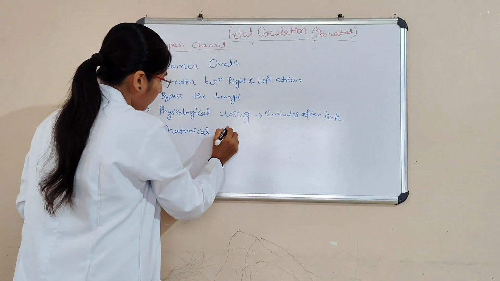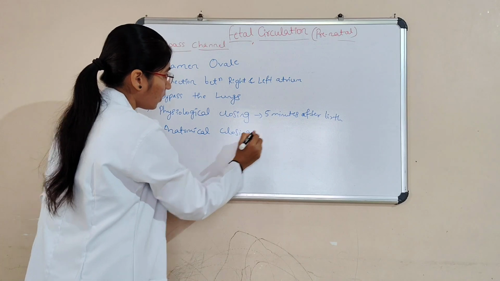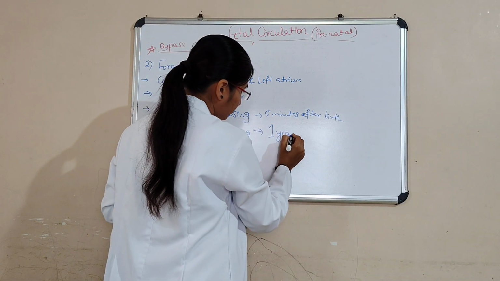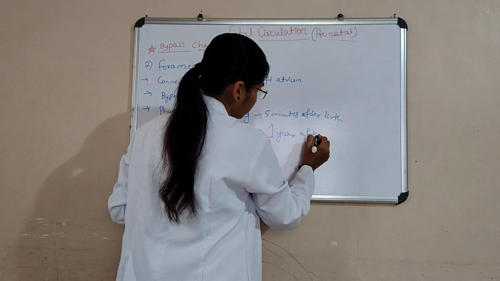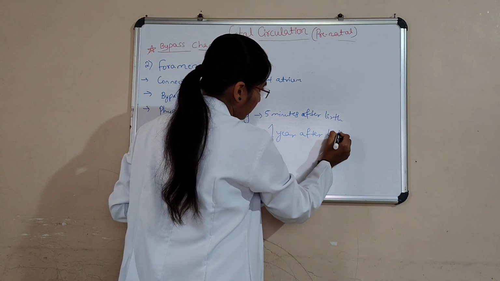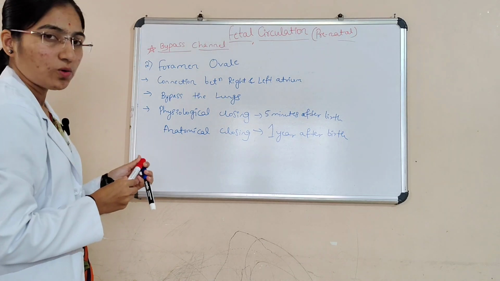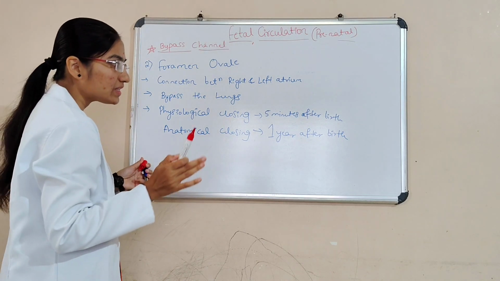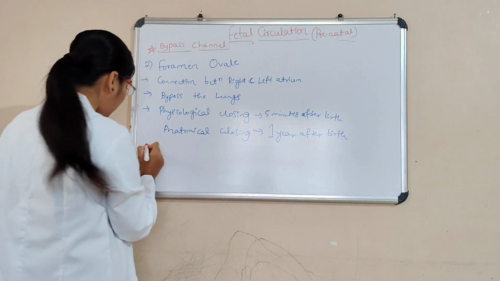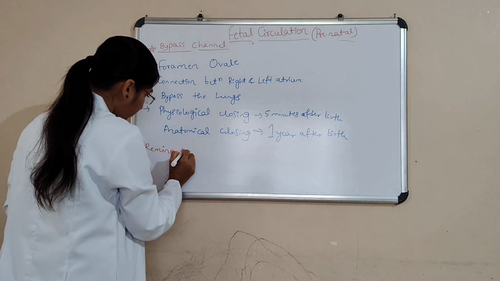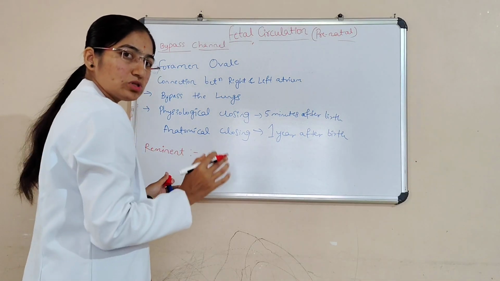Anatomical closing is 1 year after birth. And then after closing the foramen ovale, what is the remnant? What is the remaining thing? Remnant is fossa ovalis.